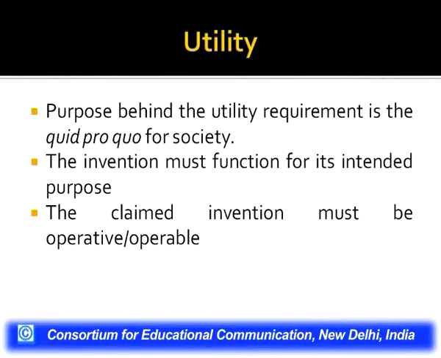The next thing that we need to understand while understanding the concept of utility is that the claimed invention must be operative, or you can say it must be operable. If the claimed invention is not operable, if it does not have operability, then in that case it cannot be granted patent protection.